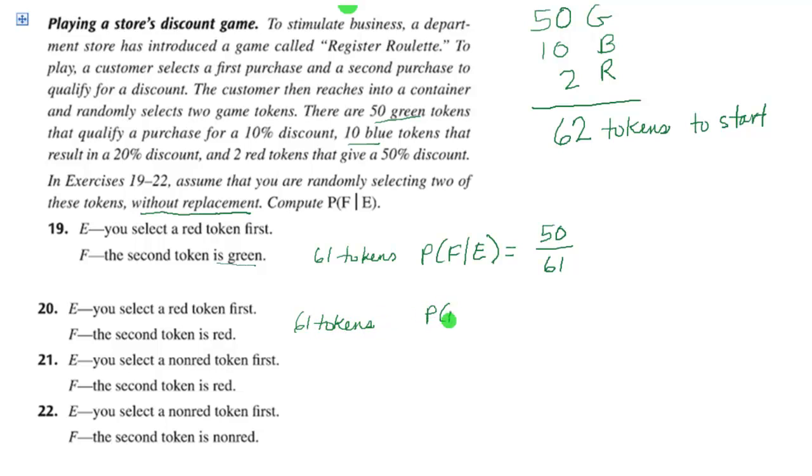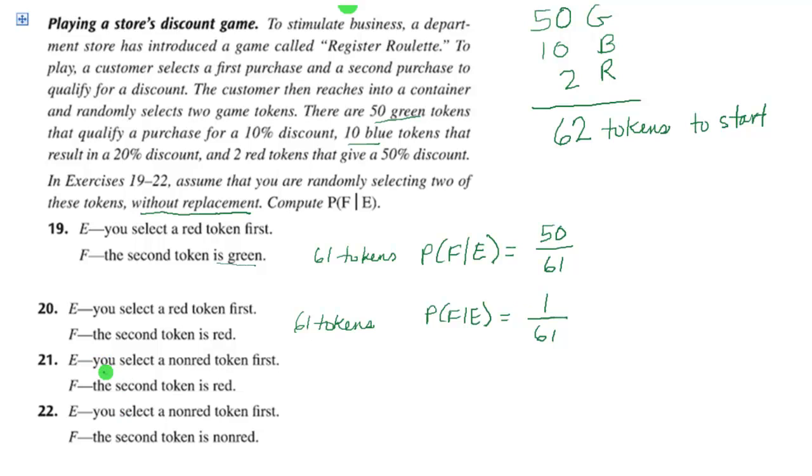The probability of selecting a red token out of that is 1 out of 61, because you took one of the red tokens out first and left it outside the jar. So now your jar of 61 tokens only has 1 red in it. So the probability of selecting it out of the jar is 1 over 61.